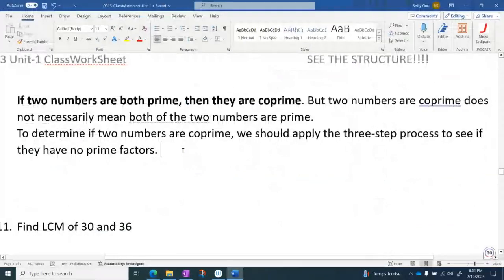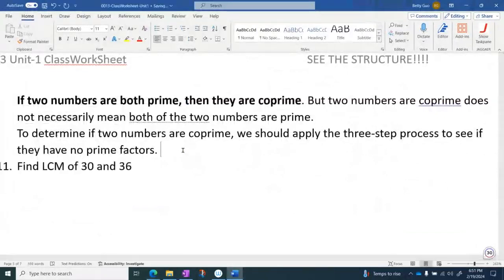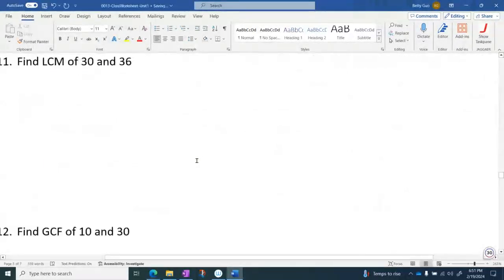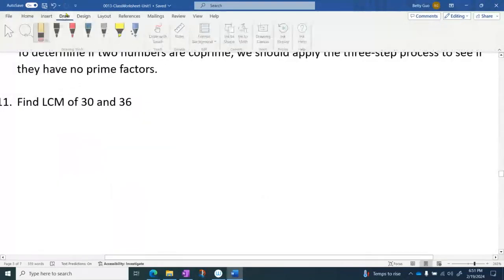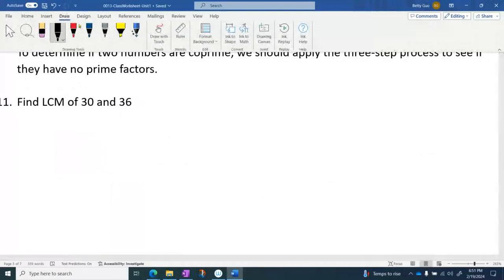All right, now let's look at LCM. Anybody can remind me what LCM stands for? Least common multiple. Exactly. When we look for the LCM of two numbers, say 30 and 36, we're looking for a number that is a multiple of 30 and also a multiple of 36.